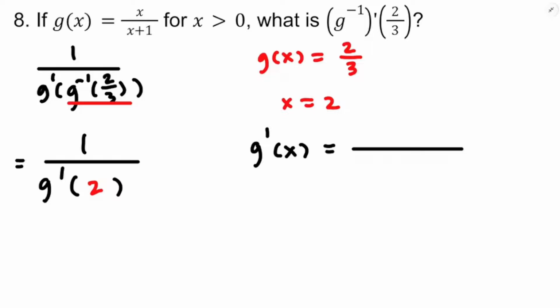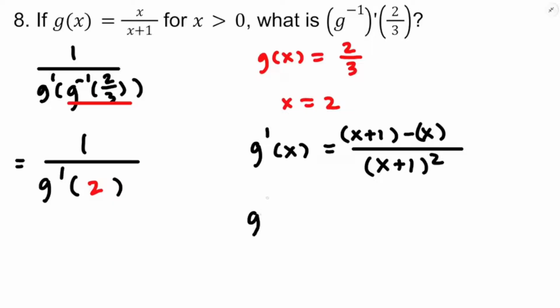So it's going to be bottom times the derivative of the top, which is 1, minus the top times the derivative of the bottom, which is also going to be 1, divided by the bottom squared. And if you want, you can simplify it, but it's going to work out the same way either way.